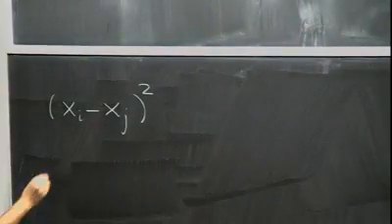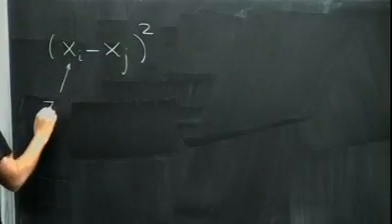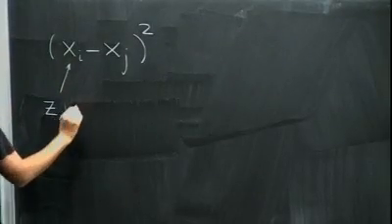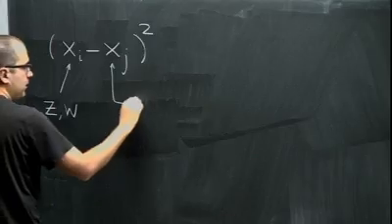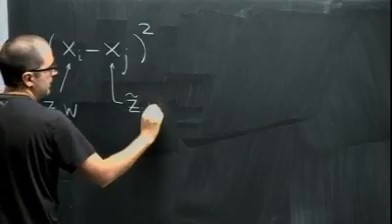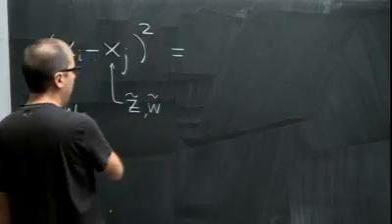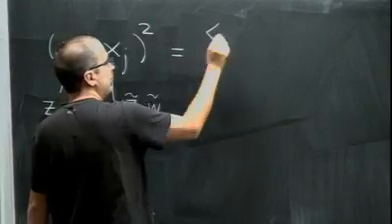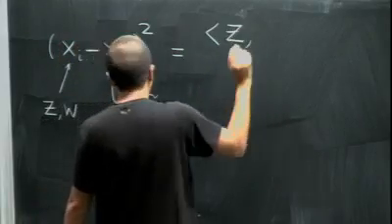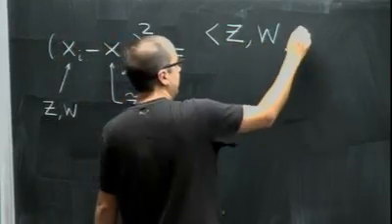To see this, it's useful to think what is (x_i minus x_j) squared. If we have two points where this point is associated to a twistor Z and W, and the other point to a twistor Z tilde and W tilde, then the only thing that you can form out of these twistors that is SL(4) invariant is the determinant of the matrix built out of them.